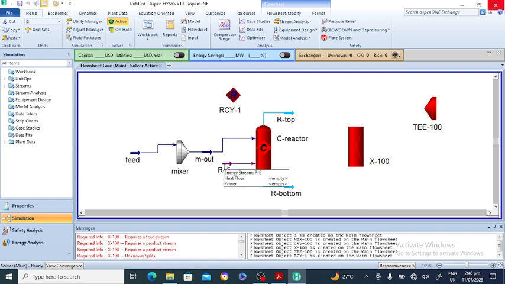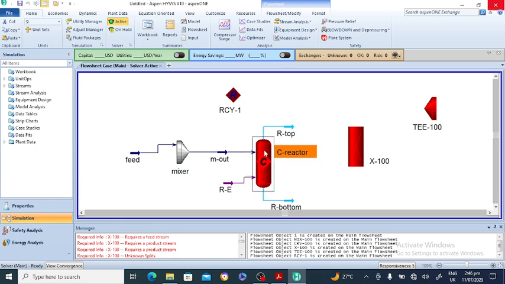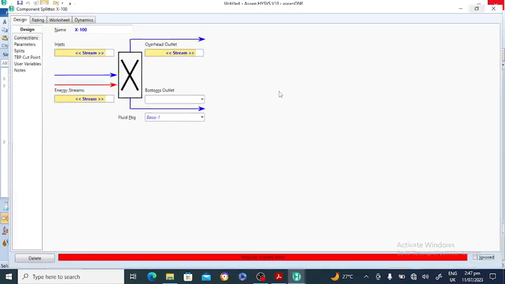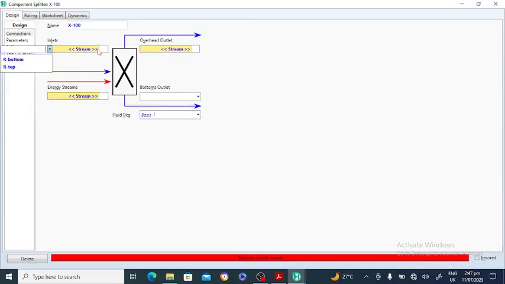Now this is the reactor. Click on the splitter. The inlet to the splitter is the reactor top, and the overhead from the splitter is the splitter top, and the bottom is the splitter bottom.